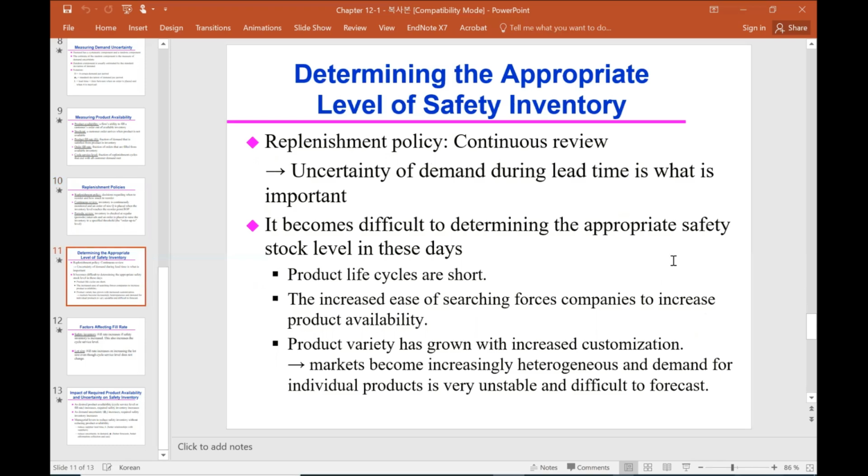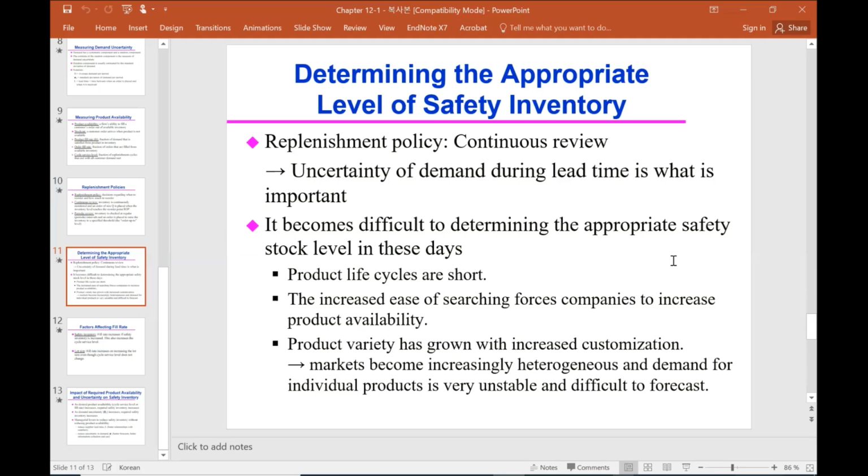And then here, as I mentioned, under the continuous review system, uncertainty of demand during the lead time is very important. Why? Because, as I said, if we don't have a lead time, we don't need safety stock at all under the continuous review system. So under the continuous review system, you only have to worry about the demand uncertainty during the lead time.